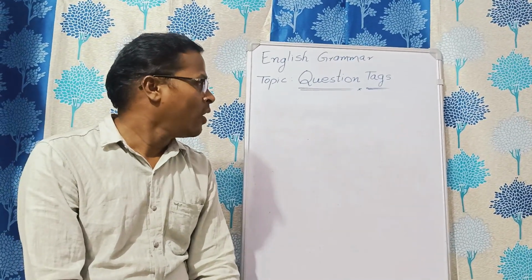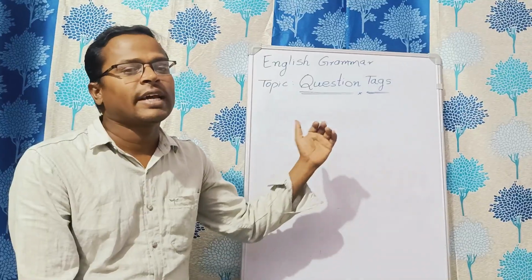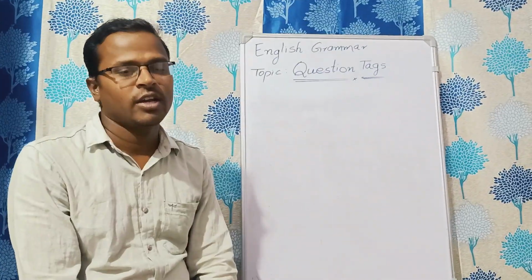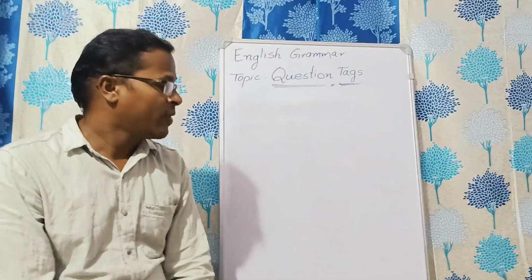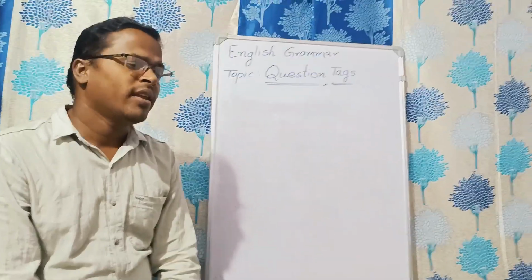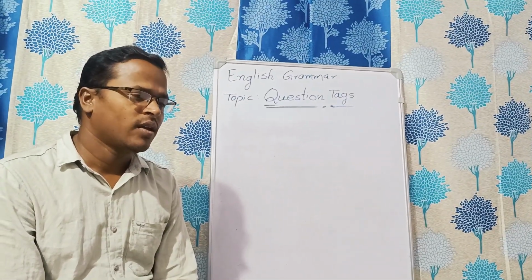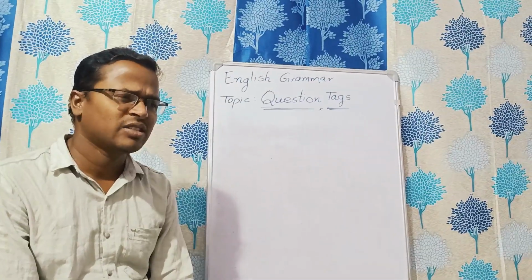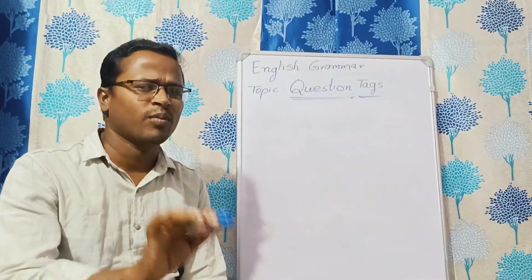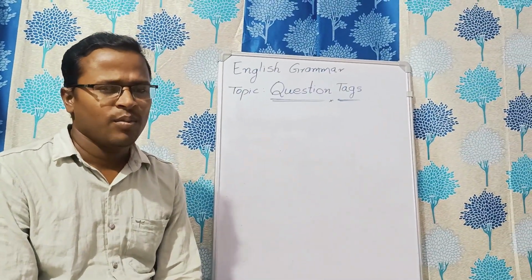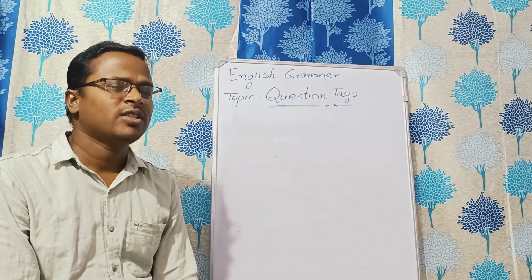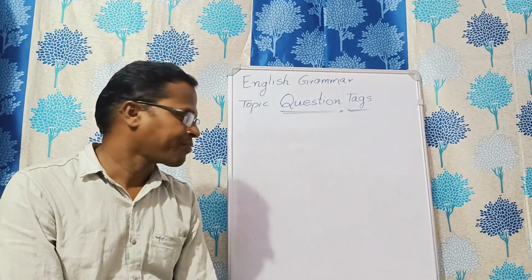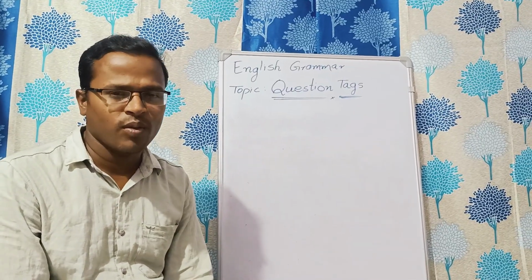You have to use the grammatical structure in question tags. When people are talking, they use question tags just to get answers, but that is completely wrong. Everyone must utilize the grammar. Okay, let us go with some examples.